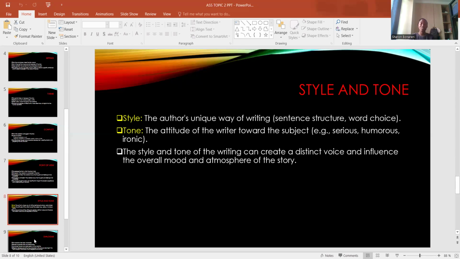It can be serious, funny, ironic, or sarcastic. The style and tone of the writing can create a distinct voice and influence the overall mood and atmosphere of the story.